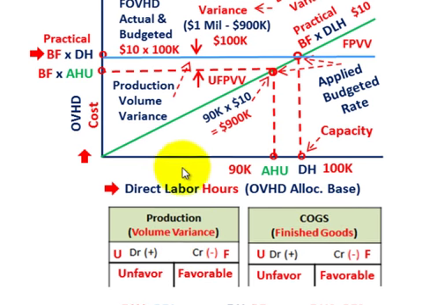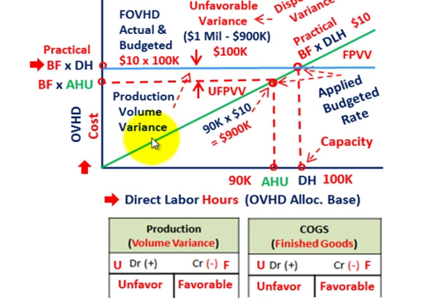So if we go back to our graph one more time, just to understand it. This green line is whatever production we put out based on our allocation basis for the period. We go down here based on our allocation basis, come up to our green line, and multiply it times our rate, which is based on the capacity.